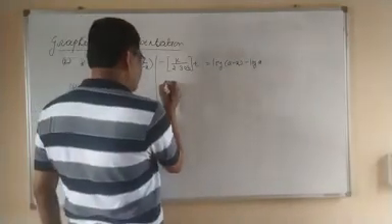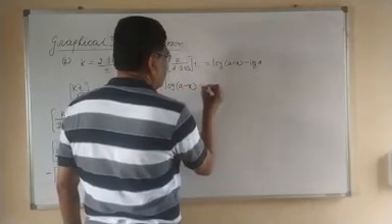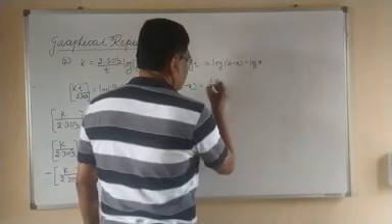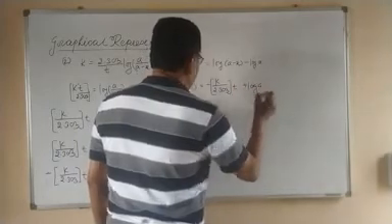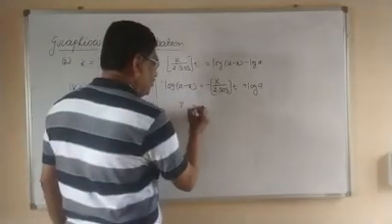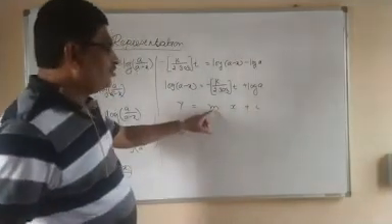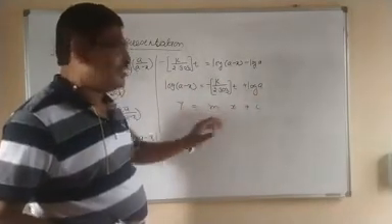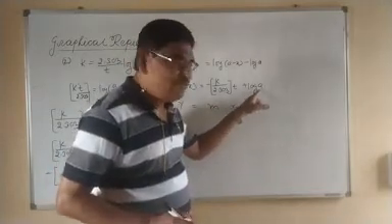Therefore, we can write an expression: log of a minus x is equal to minus k t upon 2.303 plus log a. This equation is similar to the straight line equation y is equal to mx plus c. Here, the slope of the line will be this one and the y-intercept will be this one. This means that the line has a negative slope with an intercept of log a.